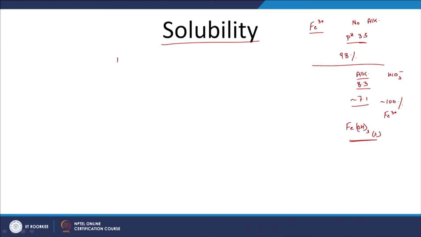So how am I going to measure solubility though? It's the amount of solid that dissolves per unit volume of solution at specified conditions, I guess, right.